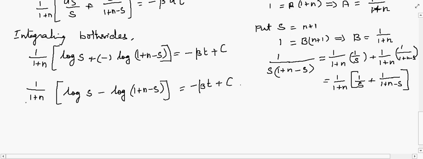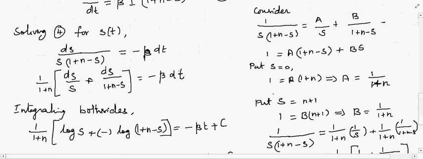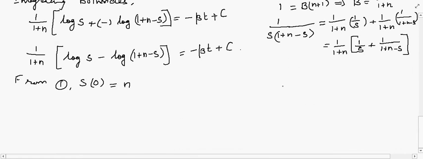From the initial condition, s of 0 is equal to n. So put t equal to 0 there. You can give a number for this, I think. What is the number? 5. So I can give equation number 6. Now we will put t equal to 0 in 6.